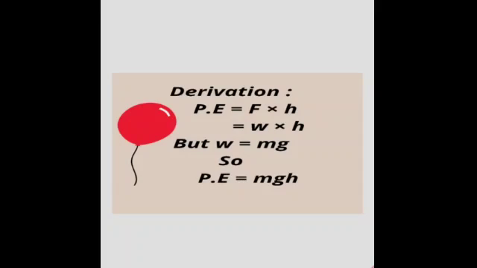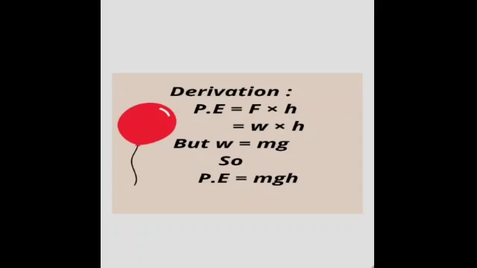So the potential energy is equal to F cross h, and the mass of that object possesses some weight, so F is equal to weight, and weight is equal to mg. In place of W I will put mg, then the formula for the potential energy becomes mgh.